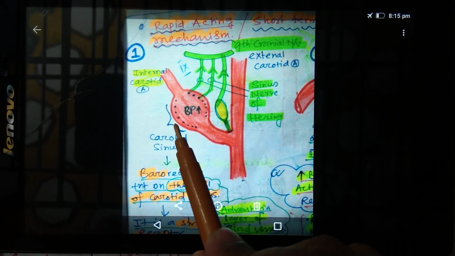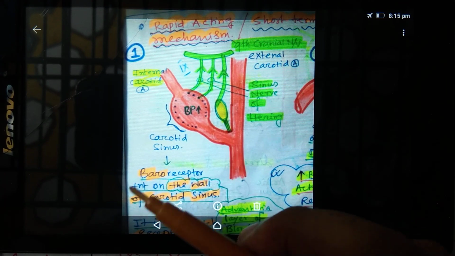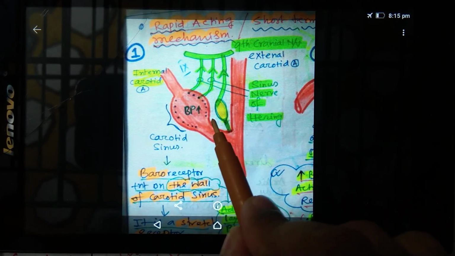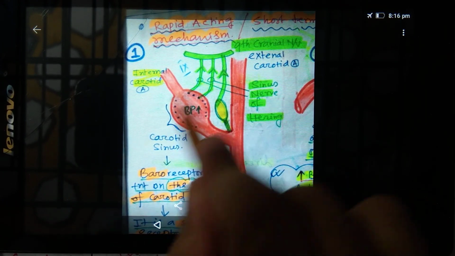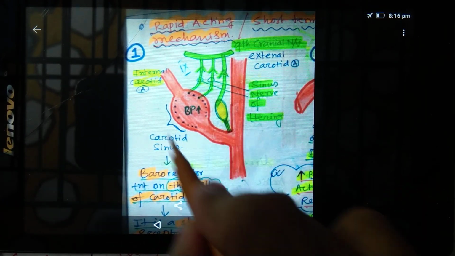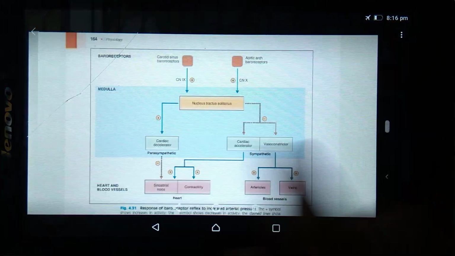They are called baroreceptors or mechanoreceptors, which are sensitive to stretch or pressure. Where are they located? They are located in the tunica adventitia layer of the carotid sinus. Okay, what is the tunica adventitia layer?